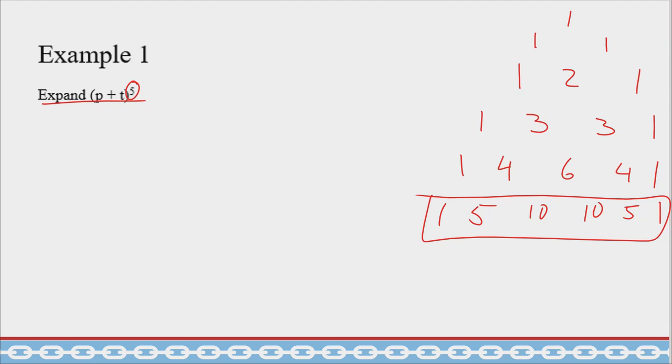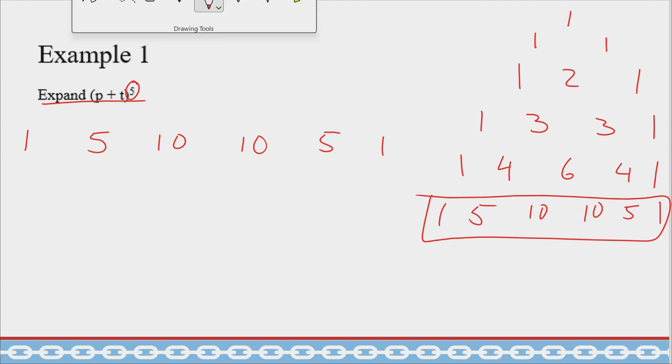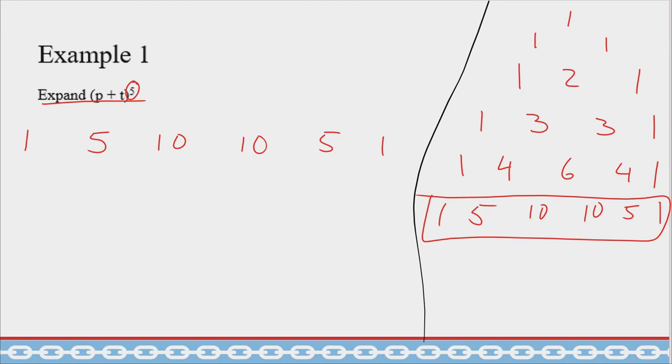Give myself a little more room. 1, 5, 10, 10, 5, 1. Now that I have my coefficients, I know that all 6 of these are going to have a p term and a t term. So I'm going to go through and give them each a p.